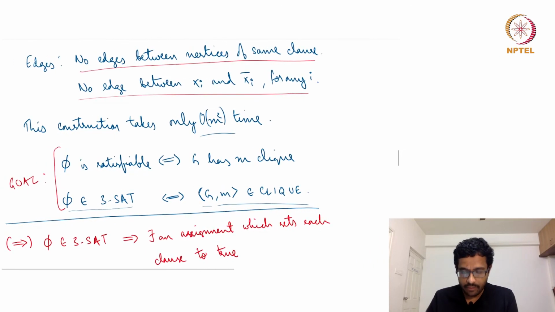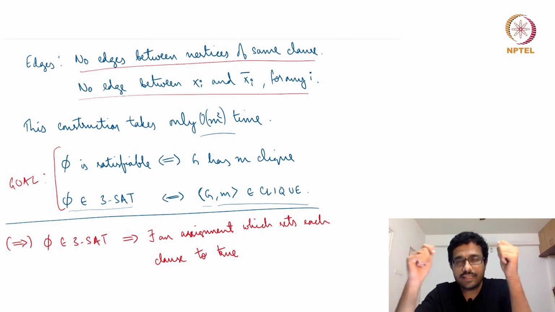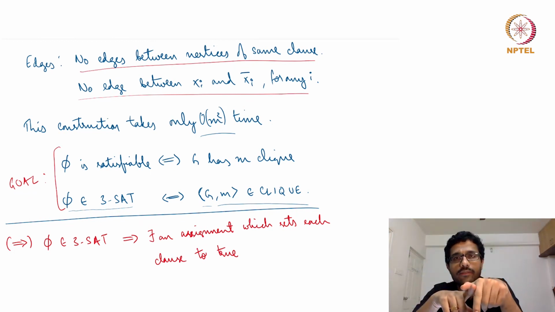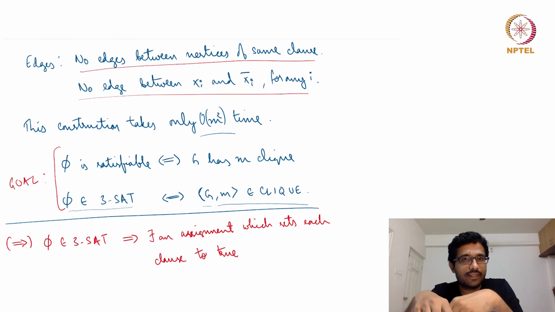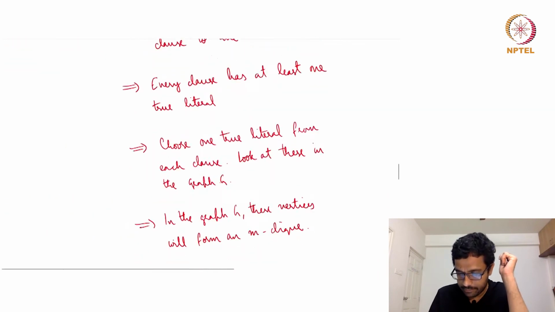So this is an example of a reduction. We converted satisfiability to the clique problem. Given an instance of satisfiability, we constructed a graph such that the formula is satisfiable if and only if the graph has a certain sized clique, and then we showed that that is indeed the case. We also showed that the transformation used is polynomial time.